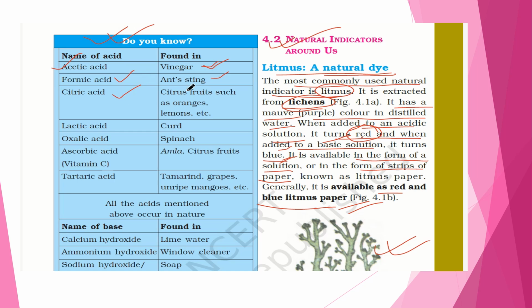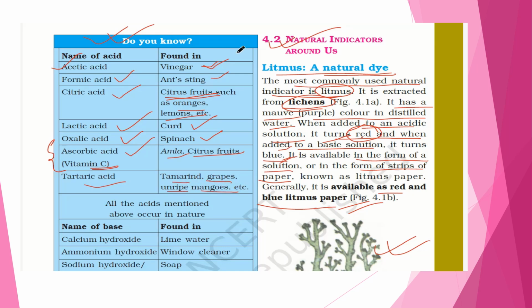Citric acid is present in citrus foods, oranges and lemons. Lactic acid is present in curd. Oxalic acid is present in spinach. Ascorbic acid is present in amla and citrus foods; another name is vitamin C. Next comes tartaric acid, which is present in tamarind, grapes, unripe mangoes, etc.